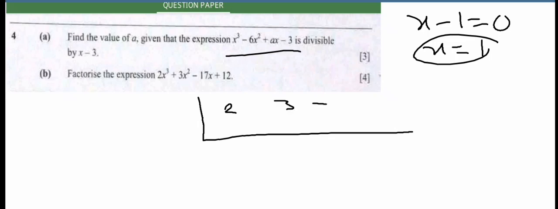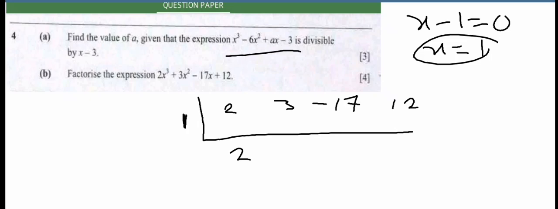The next one is negative 17. Then the last one is positive 12. I'm going to write the same one, which is positive 2, here. Since the divisor that we have here is x minus 1, when you solve x minus 1 for x, the value is positive 1. So positive 1, we are going to put it somewhere here.